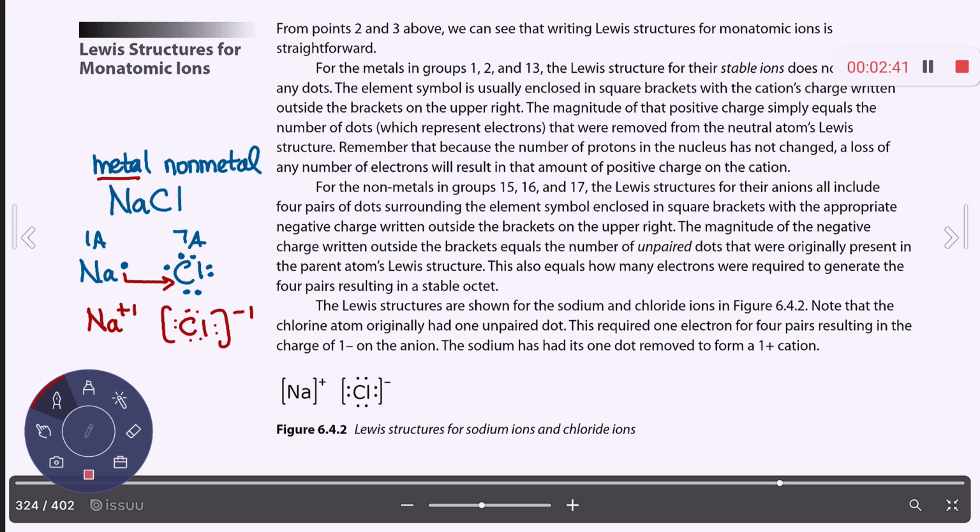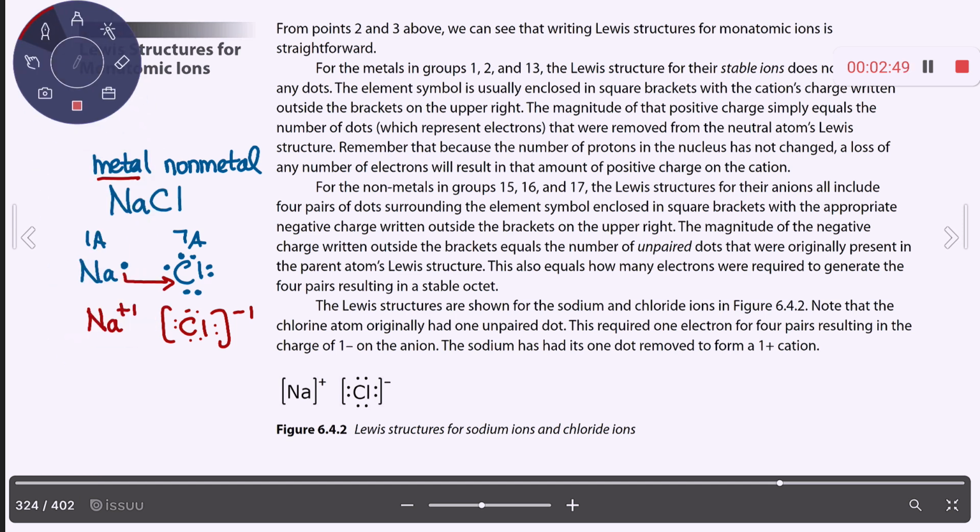Now, the metals and the nonmetals are always drawn the same way when they're in ion form. So let me explain. You will have a metal with its usual charge in the upper right-hand corner in brackets. You will never have dots on it. It will look like this.